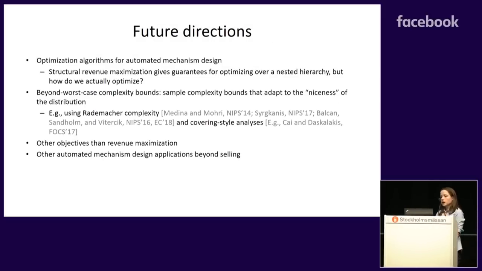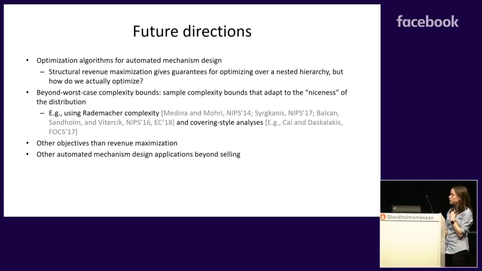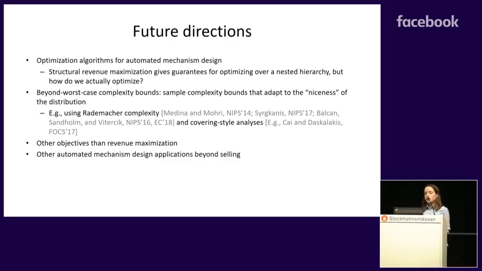Okay, and just in the last 2 minutes, I want to give a few future directions for this line of automated mechanism design. So one natural next step is giving more optimization algorithms for automated mechanism design. And there are lots of questions here, and in particular, one sub-problem would be specific to structural revenue maximization.